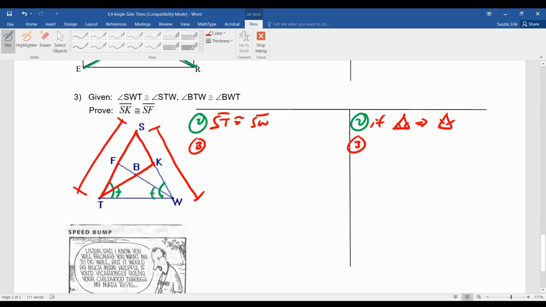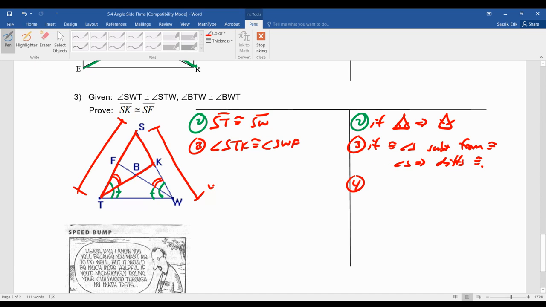And you know what? When I see angles like this, I can get this angle here congruent to this angle here from subtraction. Angle STK, angle SWF, if congruent angles subtracted from congruent angles, then the differences are congruent. Notice how I spaced down here. I'm going to do the same thing over here, so I'm always lined up horizontally.